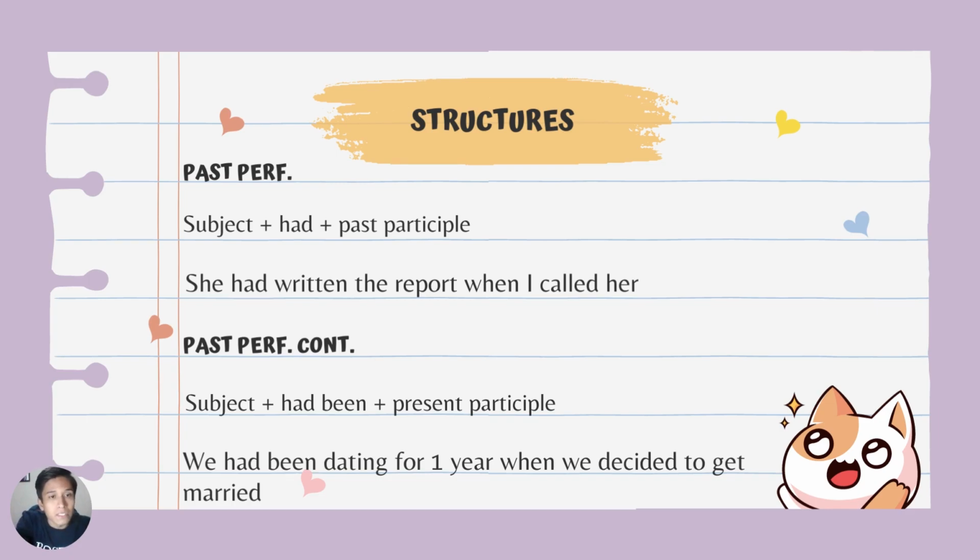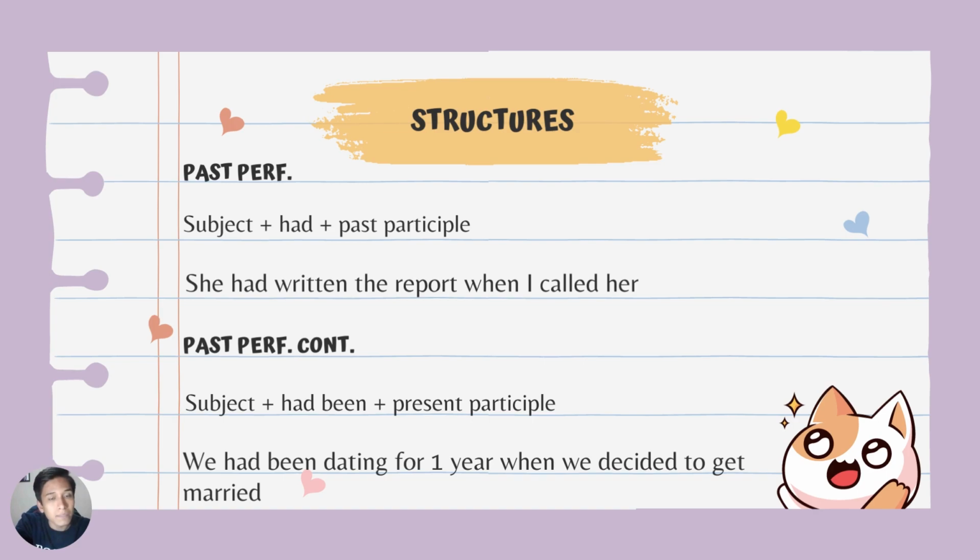For example, she had written the report when I called her. We have the subject, had, and another past participle, in this case of the verb write, which is written. She had written the report when I called her.